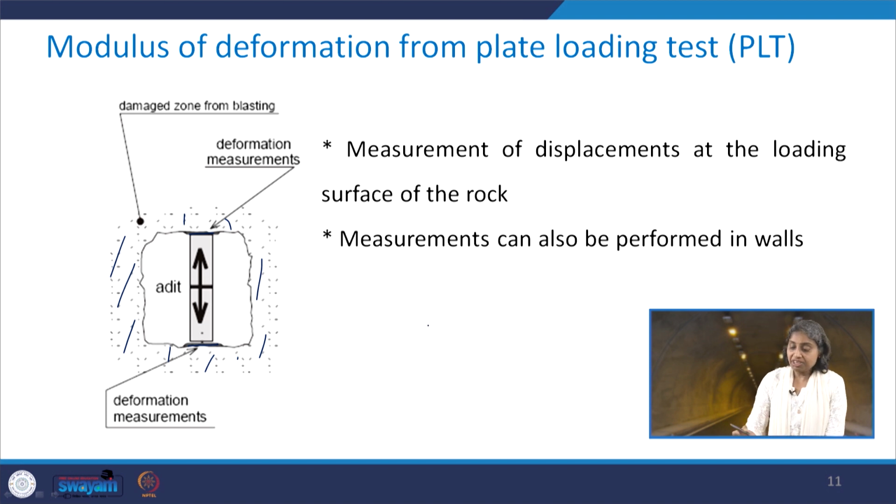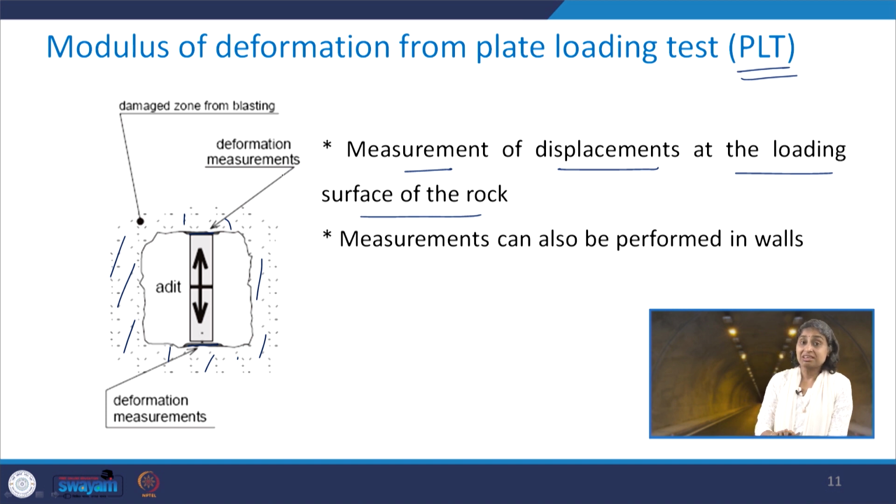So, this is how we carry out the plate load test. This is the measurement of the displacement at the loading surface of the rock. So, it is not inside the rock mass, but at the surface of the rock mass.